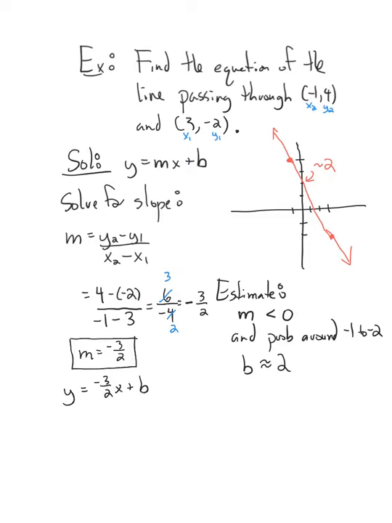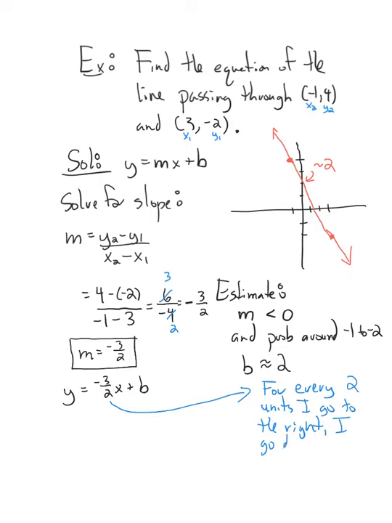Another way to look at this, rather than saying for every 1 unit we go over in the x direction, we go down 3/2 of a unit, I can also read this by saying for every 2 units I go to the right, I go down 3 units.